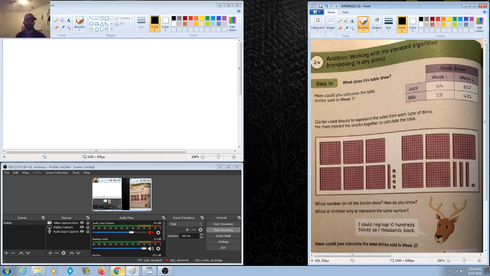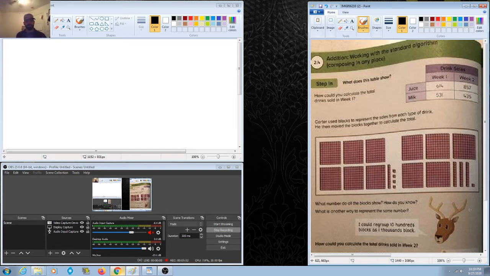Now, let's go ahead and look at the milk. Again, we have 1 cube by itself, representing the ones place, so that's where the 1 in 531 comes from. But in this case, we have 3 strings of 10 blocks, which represents 30.